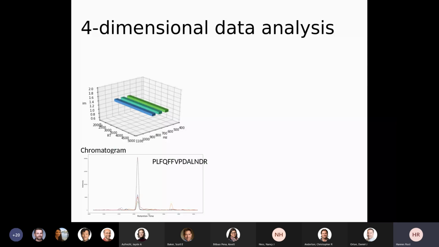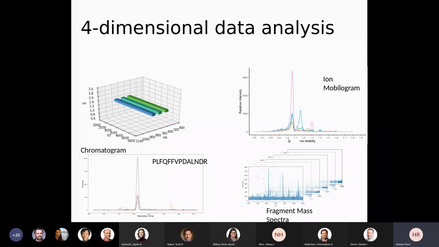And this really allows us to look at data in the retention time dimension, so analyze data as chromatograms, traditional retention time-based chromatograms, but it also, for each individual peptide, allows us to analyze the ion mobilogram, as well as the raw mass spectra.